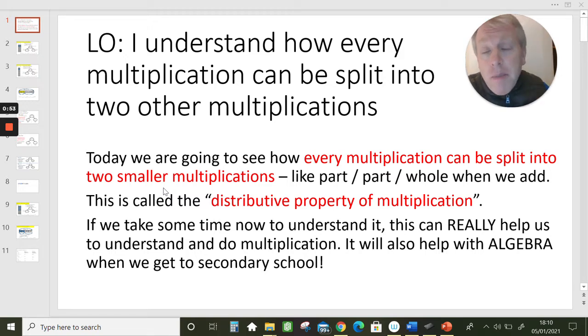Being able to split multiplication up into different parts, just like part whole when we're learning to add and take away, is very useful, and we've got to think ahead in secondary school when we're learning algebra. This is going to be important.